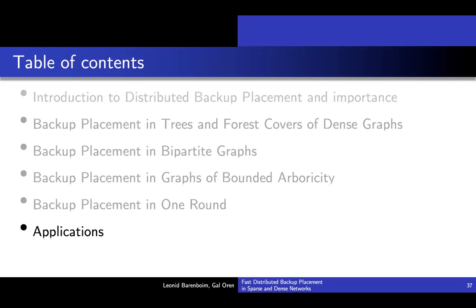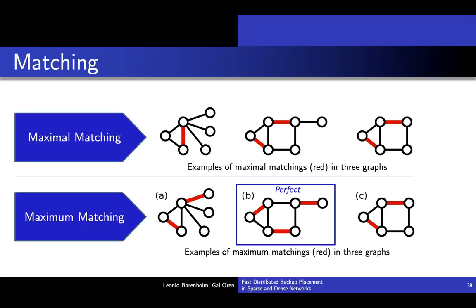Now, as we hold an O(1) backup placement algorithm in one round, we can check its applications. We will conclude with a maximum matching approximation. First, let's remind the differences in matchings.